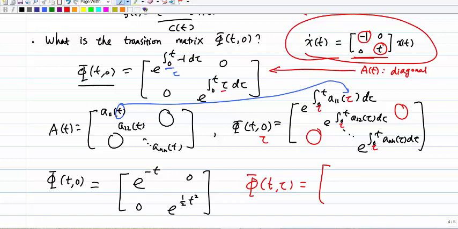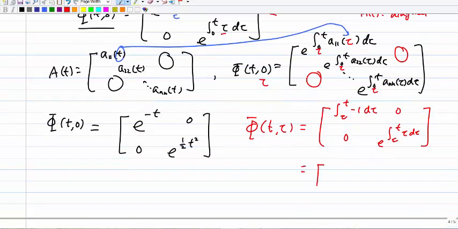That's it. So when you do this, you actually have the integration from 0 to t of, with τ, negative 1 dτ, 0, and 0, this is e to the 0, and this is τ, t, τ dτ, somehow like that.